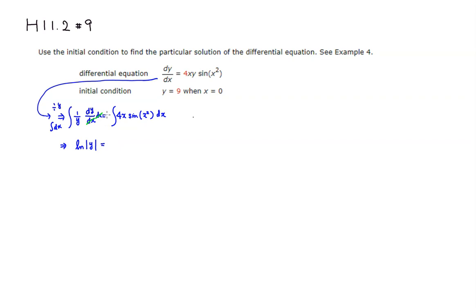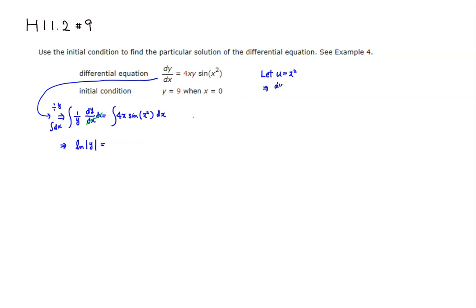For the integral of the right hand side, we can use substitution, or the general sine cosine rule, but let's do a substitution. Let u be x squared. Then go through the usual drill.